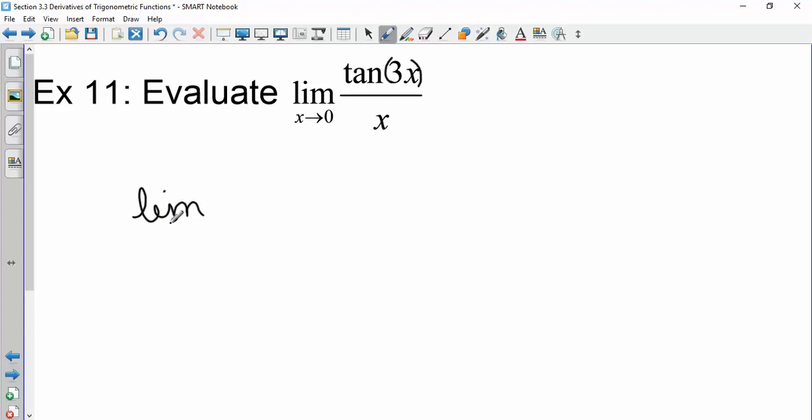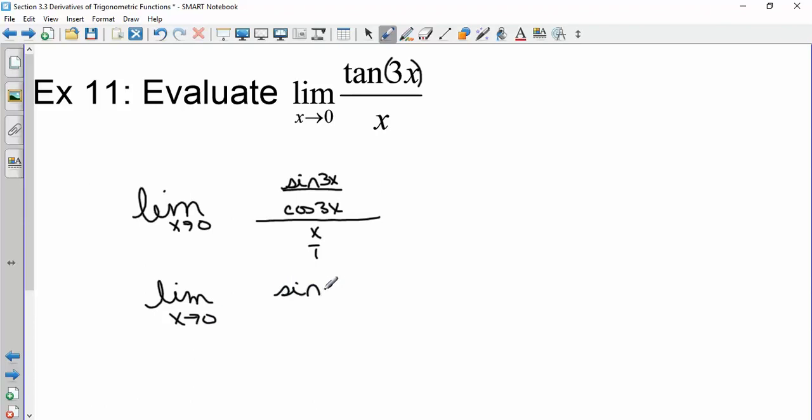But what is tangent? What's another way I could write tangent? Sine over cosine. So this is like sine 3x over cosine 3x, divided by x. So that's like an x over 1, so we could flip and multiply.